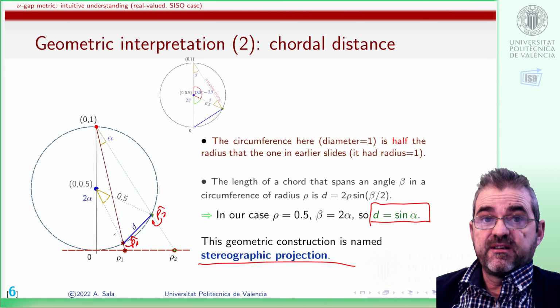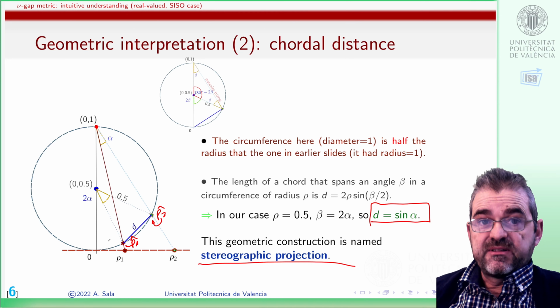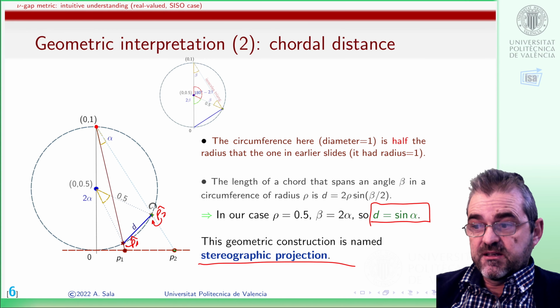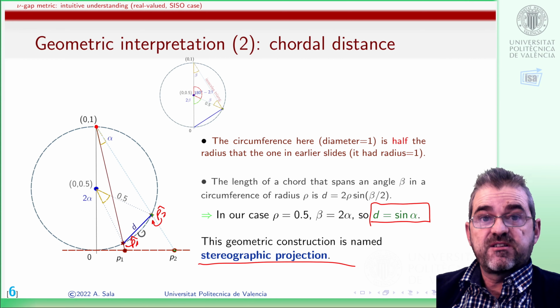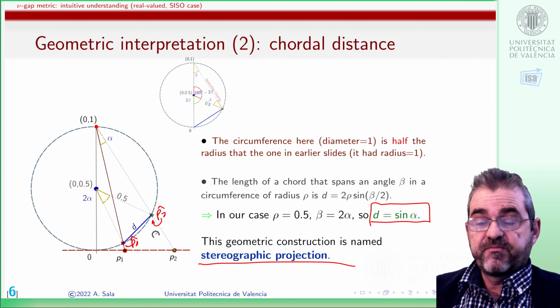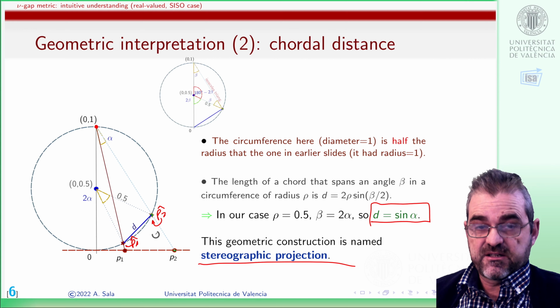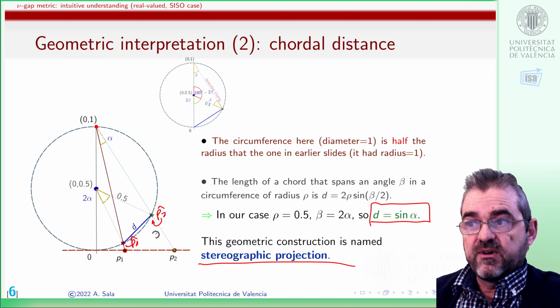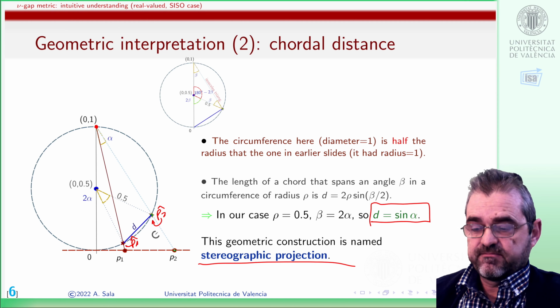So, in summary, the new gap, the normalized coprime factor distance between two plants, is the distance between the stereographic projections of them. So it's a clean description, even if, of course, to deeply understand its meaning, we have needed to do a lot of intermediate steps.